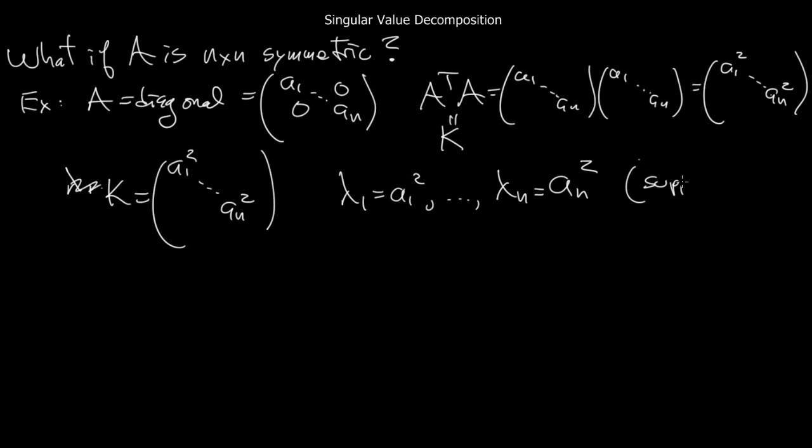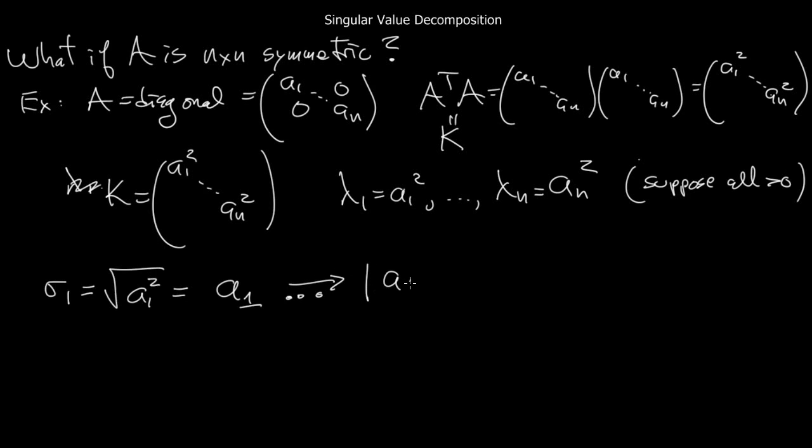Let's suppose that they're all greater than 0, so I don't have to worry about the 0 business. So then the singular values are the square root of A1 squared, which is A1. But be careful. If A1 is negative, you only want the positive square root. So the square root that we're talking about is the absolute value of A1.